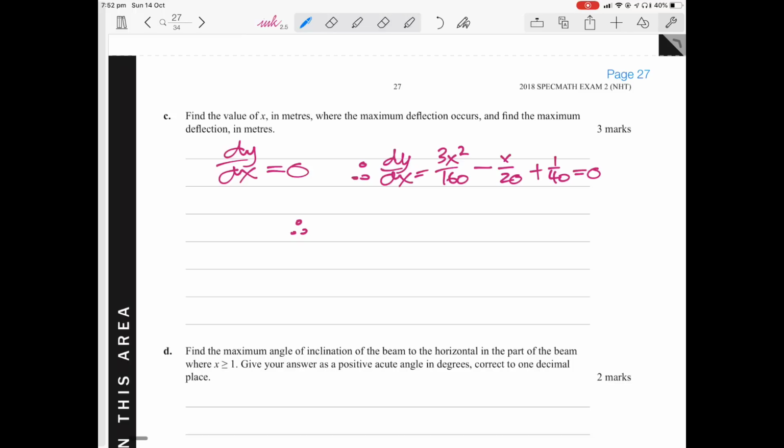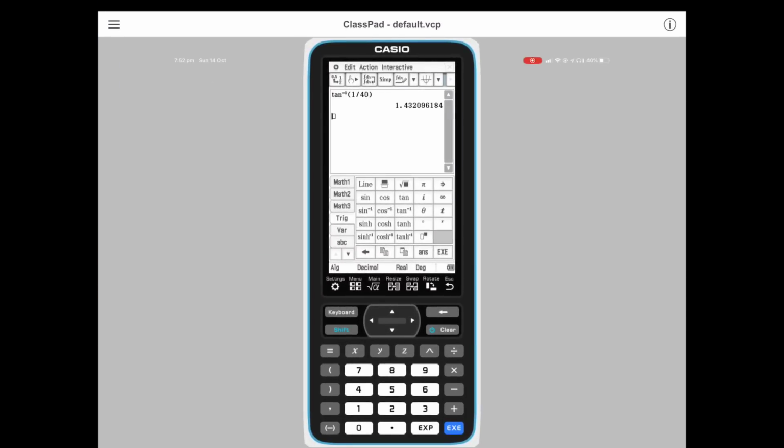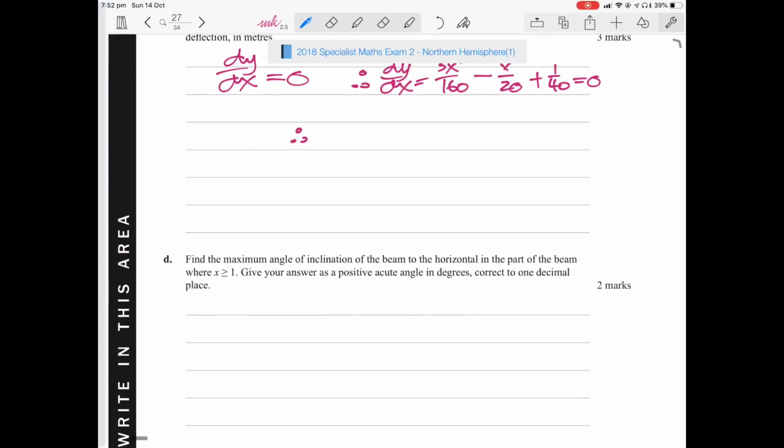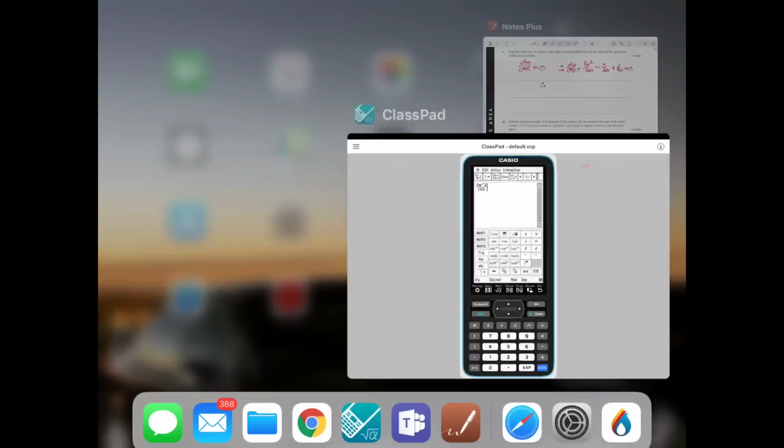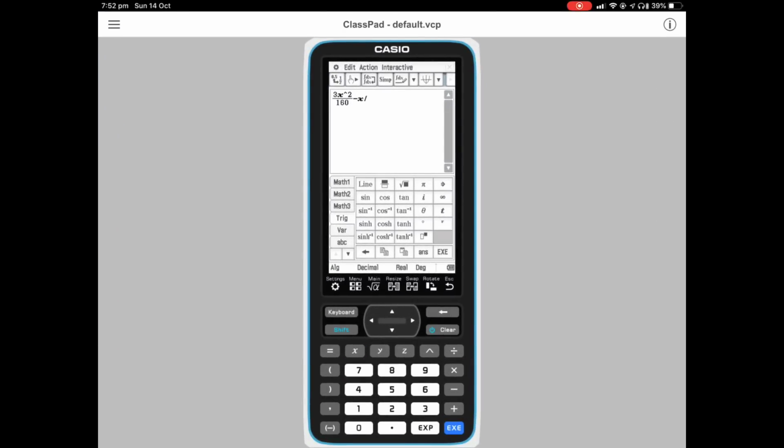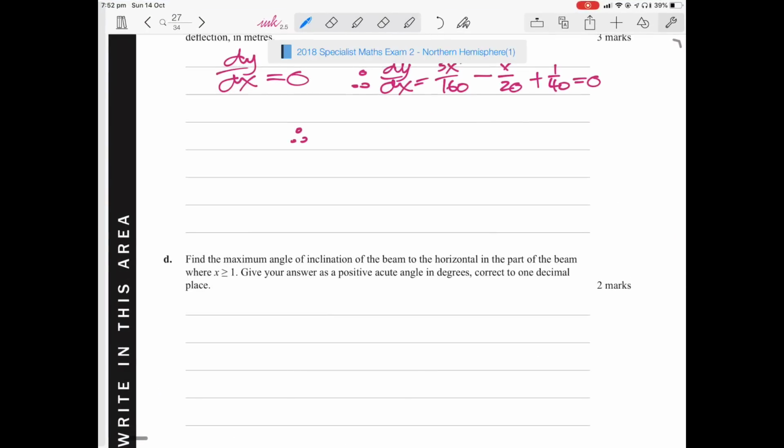So therefore, let's just write it, 3x squared on 160 minus x on 20 plus 1 on 40 equals 0. Let's solve for x. So x equals 2 or 2/3.